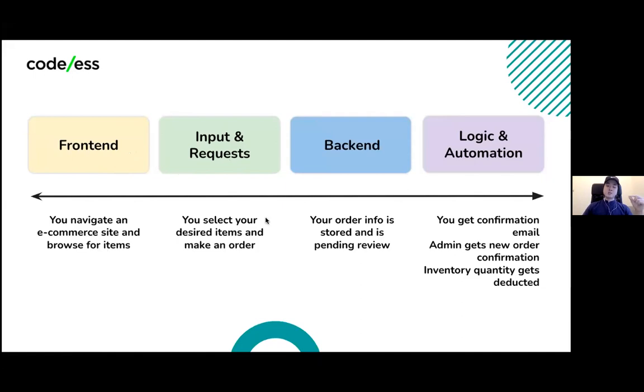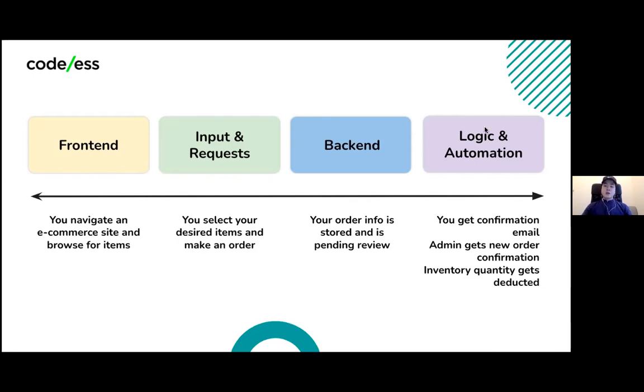At the same time, you're requesting the server to pass this information back: you select this item, what color you want, and you make an order and input it. Once you have done this, your order information is stored on the server's backend, this website's backend, and it's pending the review of the business owner or the admin, right?